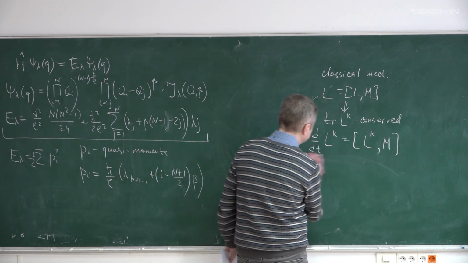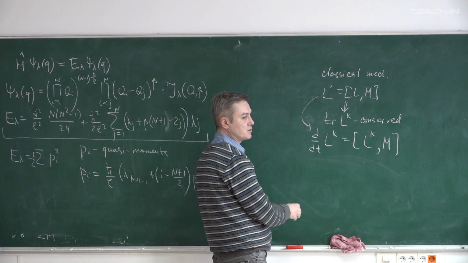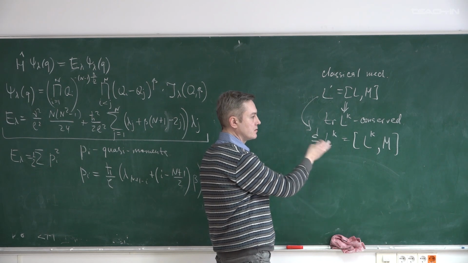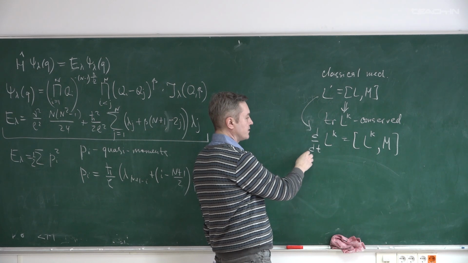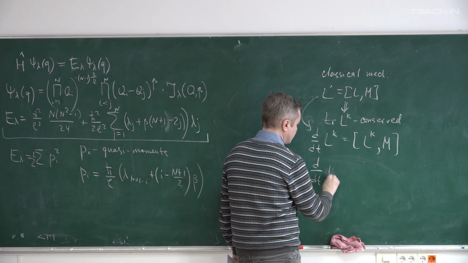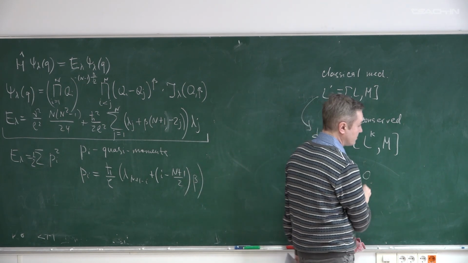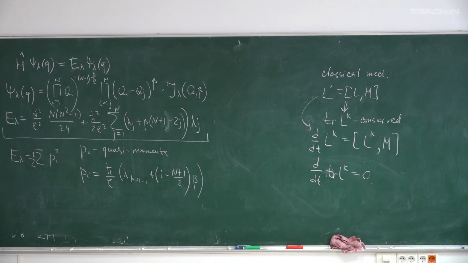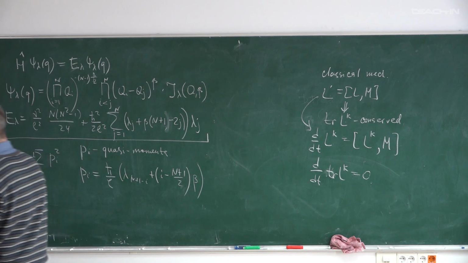Then you compute the trace of both sides. On the left-hand side you get the trace of L to the kth power, and on the right you have 0. This is based on the simple property that the trace of a commutator is equal to 0.